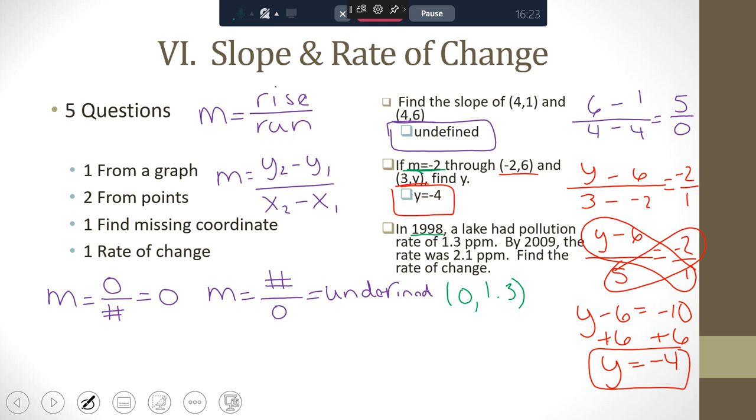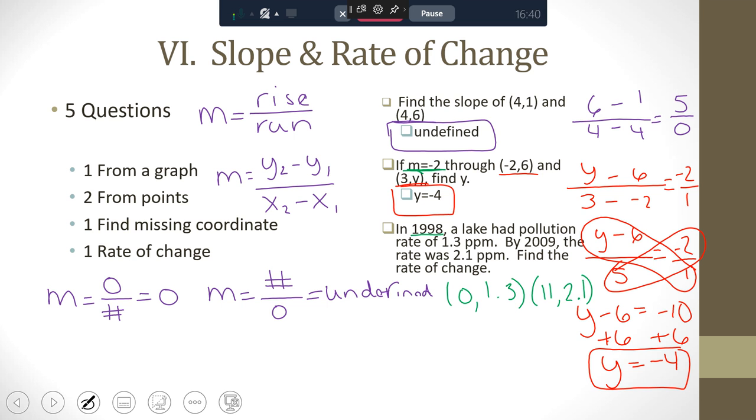Then we have 2009, so we have to figure out how much time has passed. From 1998 to 2009, how many years have passed? 11. And what goes with that is the 2.1.